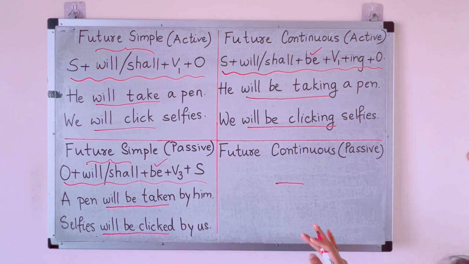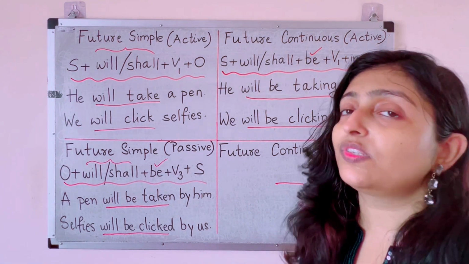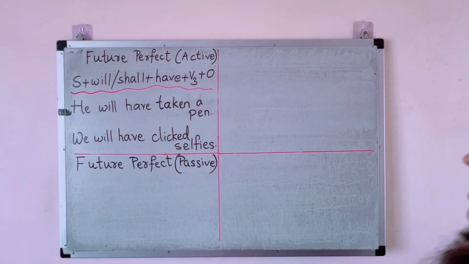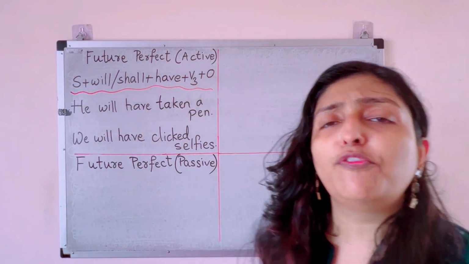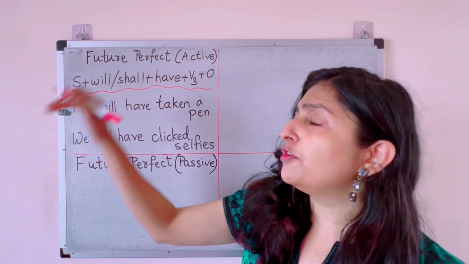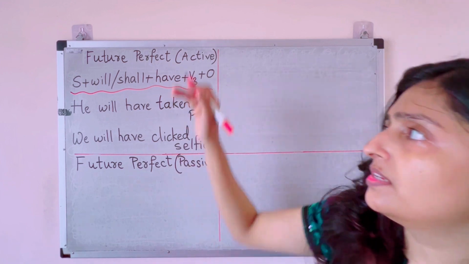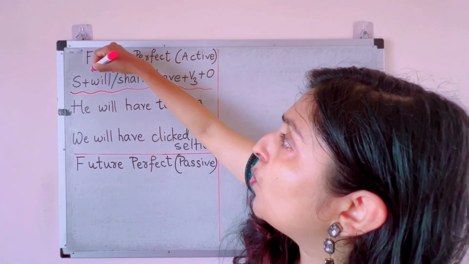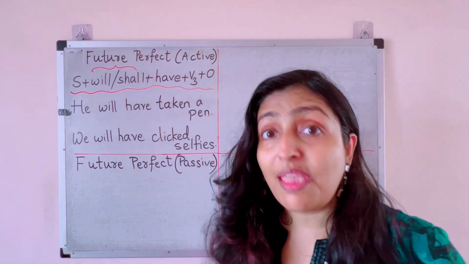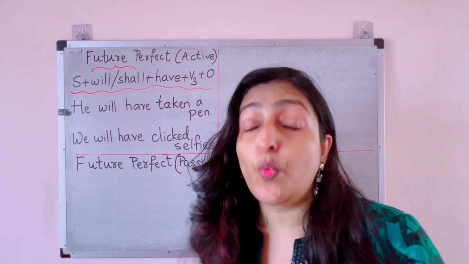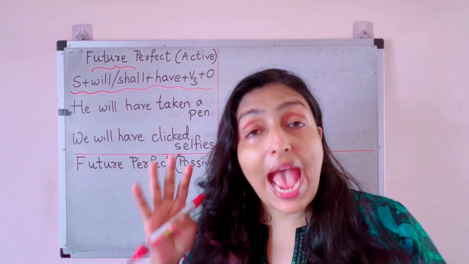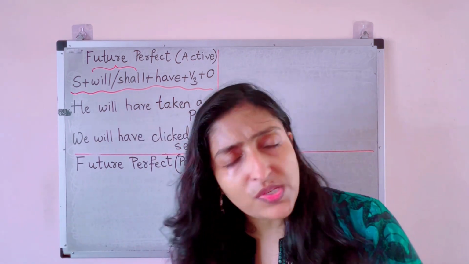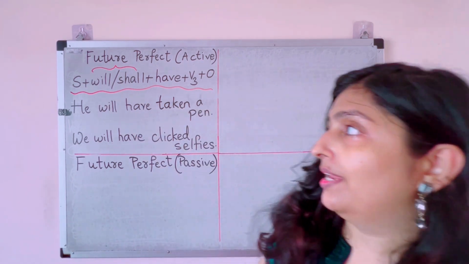We don't use passive voice as regularly as the other tenses. The third tense form in future tense is future perfect tense. Its active voice formula is subject plus will or shall plus have. We do not use has in future perfect tense because it's grammatically incorrect.